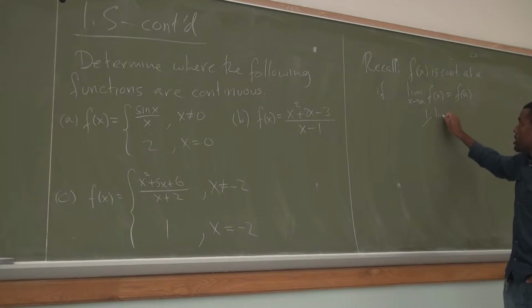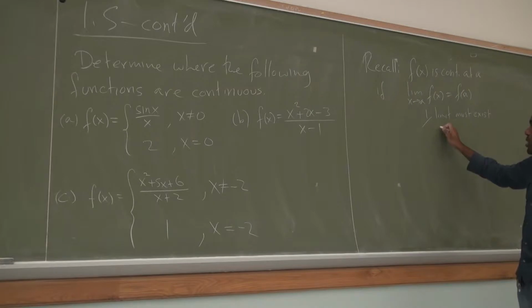One, the limit must exist. Oh, and by the way, when checking that a limit exists, sometimes you have to check both right and left hand limits. So right and left must exist and agree. So that's the first thing.